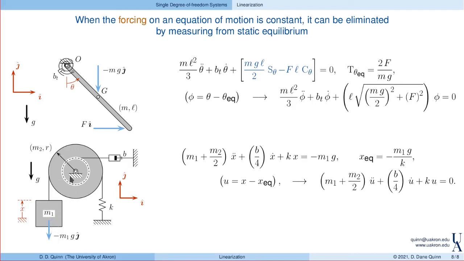We had a block and a disk, and we had gravity. So gravity was essentially pulling this block down in the equilibrium state. When we measured the response in terms of x, where x equal to 0 means the spring is unstretched, we found this constant forcing term. If we measured from static equilibrium, then that constant forcing term drops out of the equations of motion.